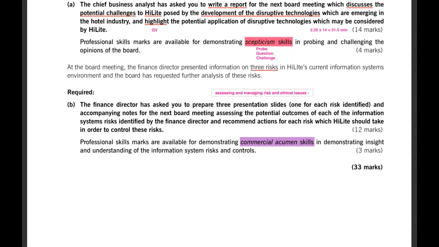All right, so basically this is the syllabus area. So let's see which part of the syllabus area. All right, so before we do that, let's have a look at this. Required. Finance director has asked you to prepare. Okay, you are preparing again.